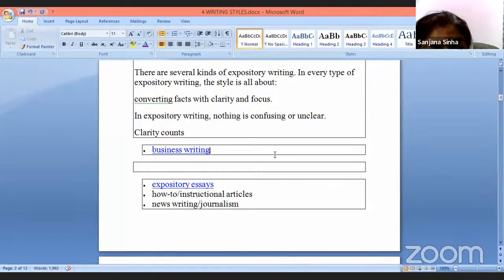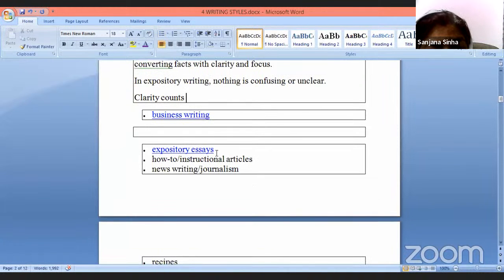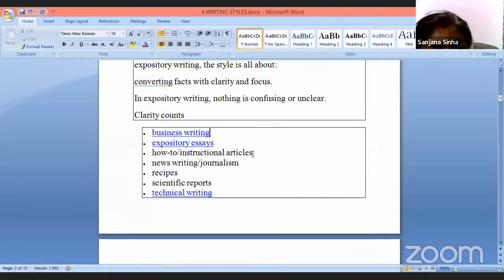Business writing is all about, the example is business writing, expository essays, how-to instructional articles, how to do this, how to do that. How to use the computer, how to use the washing machine.